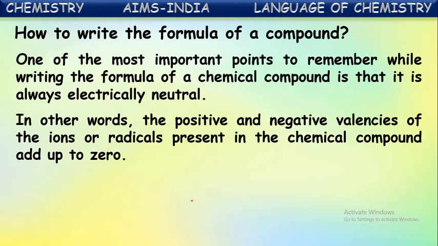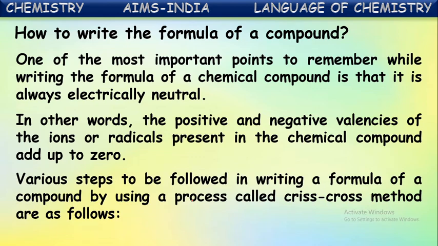The total number of positive charges and the total number of negative charges present in one molecule of a compound will always be equal, so that the total charge present on the molecule of a compound will be 0. It will be electrically neutral because positive and negative charges will be exactly equal in a molecule. So the positive valency will be nullified by the negative valency in a molecule.